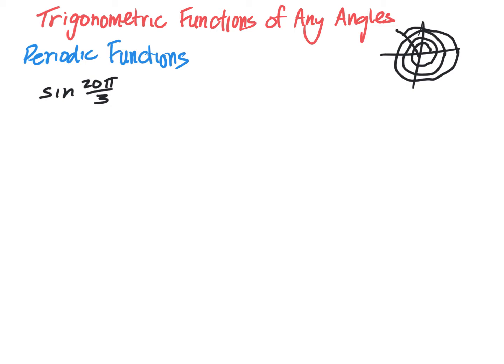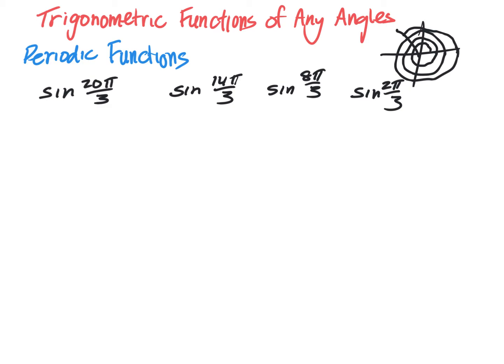So we found that our value for sine of 20 pi over 3 was going to be the same as sine of, if we subtracted 2 pi, 14 pi over 3. If we subtracted another 2 pi, we would have had sine of 8 pi over 3, and then if we subtracted another 2 pi, we would have got sine of 2 pi over 3. Okay, so that was all from before.